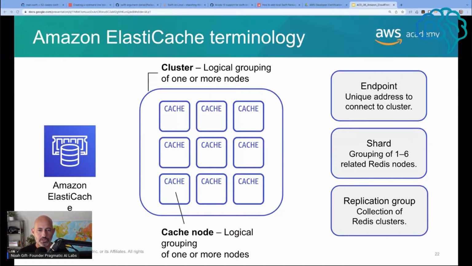A cluster is a logical grouping of one or more nodes. An endpoint is a unique address that your application uses to connect to an ElastiCache node or cluster. A shard is a grouping of 1 to 6 Redis nodes. A replication group is a collection of Redis shards with one primary read-write node and up to 5 secondary read-only replicas.